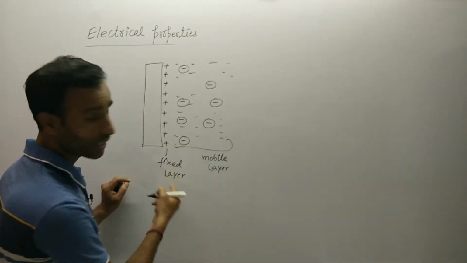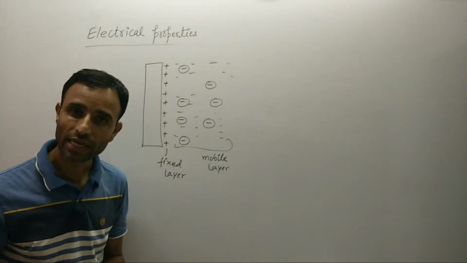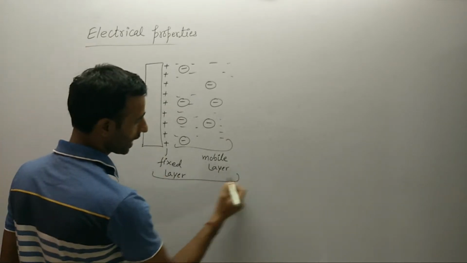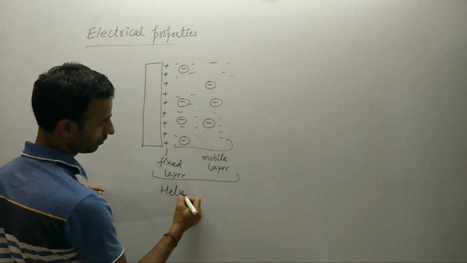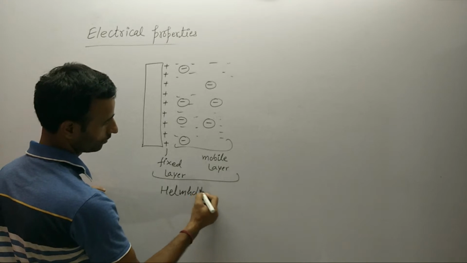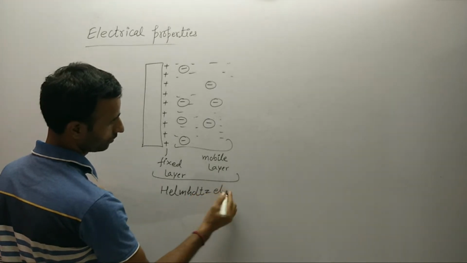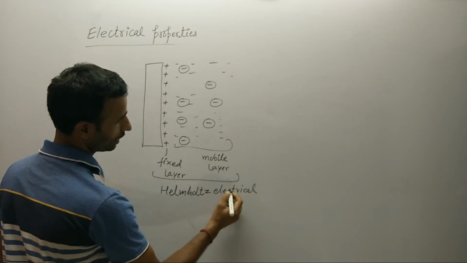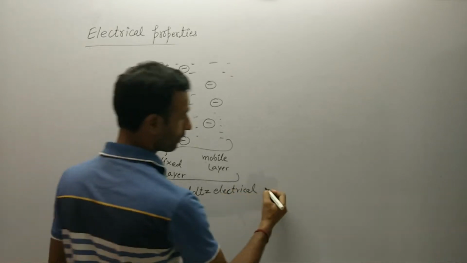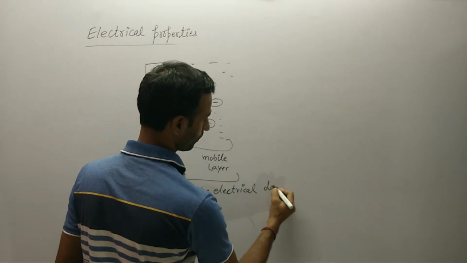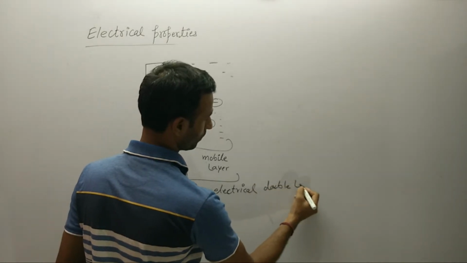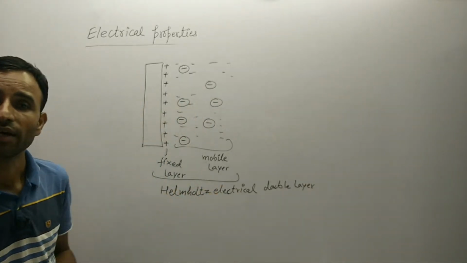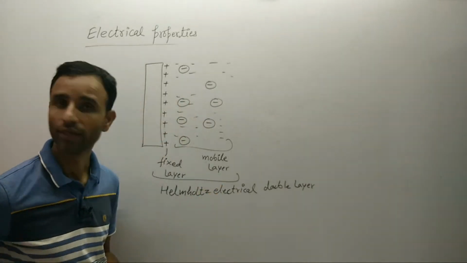One is the fixed layer, the other is the mobile layer, and this is called the Helmholtz electrical double layer. This is the Helmholtz electrical double layer.